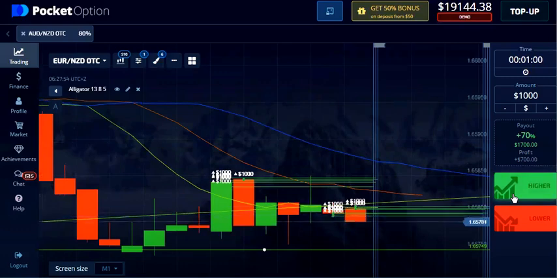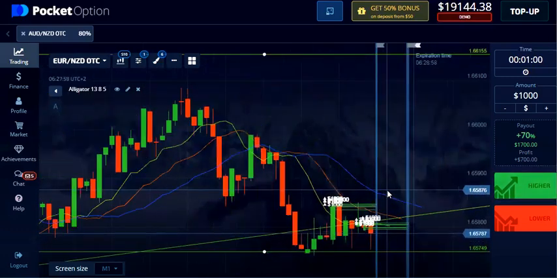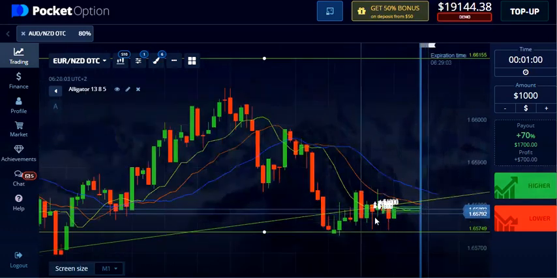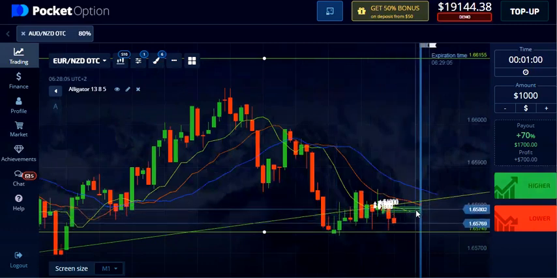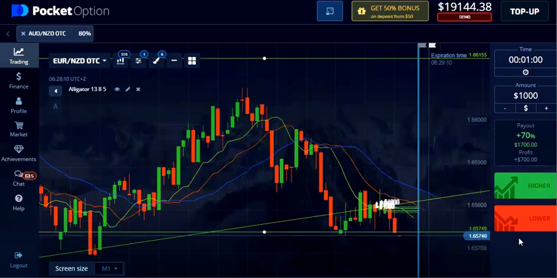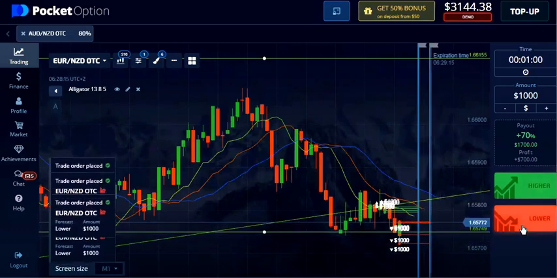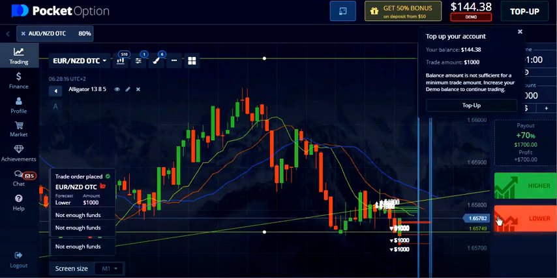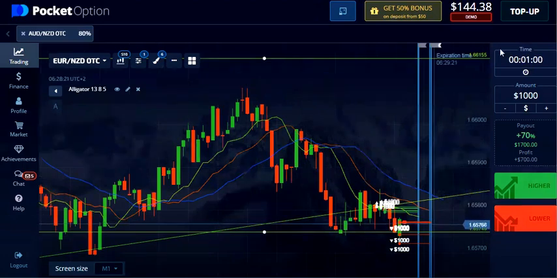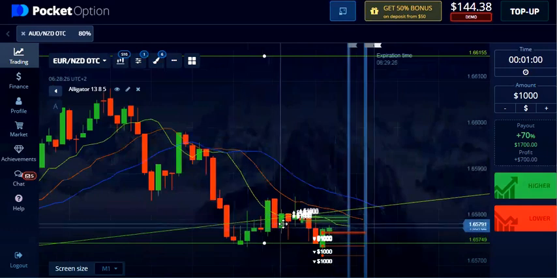So there might be some losses because it started the accumulation. So this is how we do it. So the pair actually resisted itself.